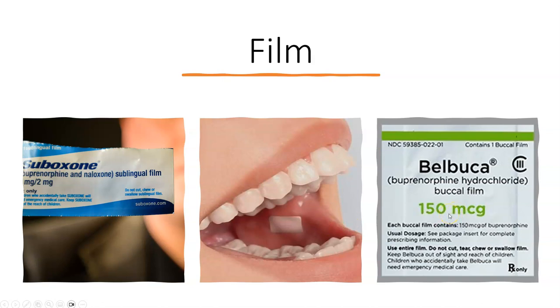These are going to come in little individual foil-based packages because they can't be exposed to moisture. We don't want them to cut, tear, chew, or swallow the film. I almost think of it like it will often dissolve. It may or may not. Think of it kind of like an internal transdermal patch for the mouth.